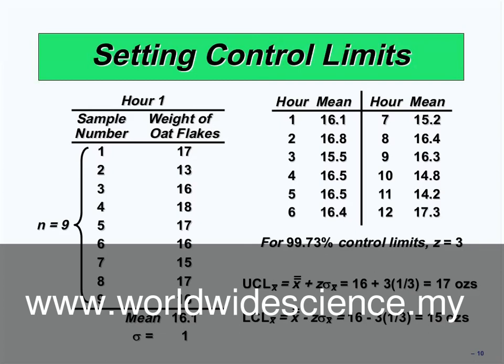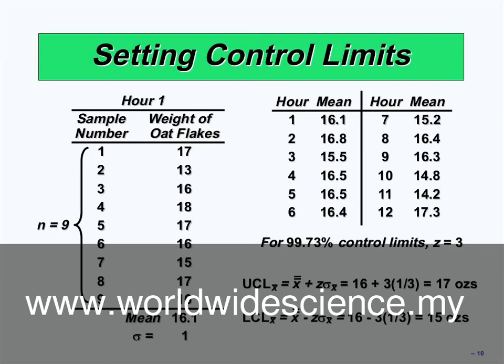Z is 3, and sigma x bar is calculated by sigma divided by the square root of n. N is 9 here. The square root of 9 is 3. So sigma x bar is 1, which is sigma here, divided by 3. The number inside the parenthesis, 1 divided by 3, is sigma x bar.